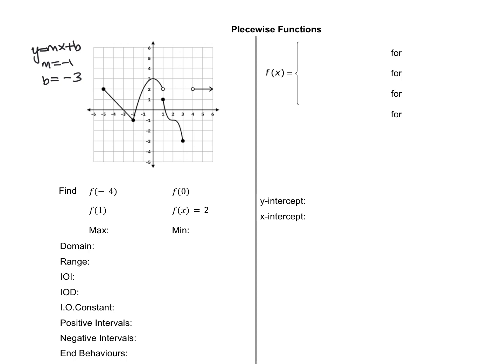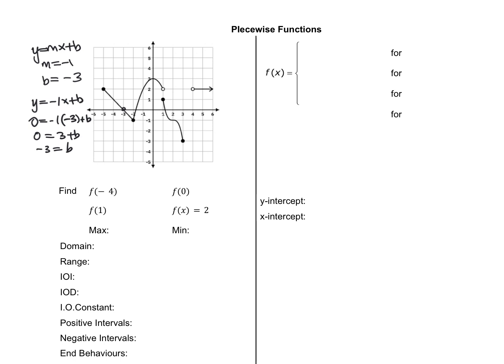I can plug my slope into my equation and say y equals -1x plus b, and then pick any point on the line and sub it in for x and y. For example, if I wanted to pick -3, 0, I could write 0 equals -1 times -3 plus b. -1 times -3 is +3, and when that moves over, we get the exact same -3 y-intercept.